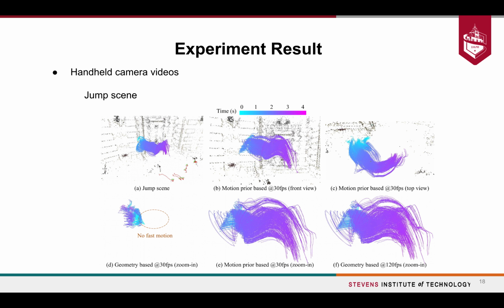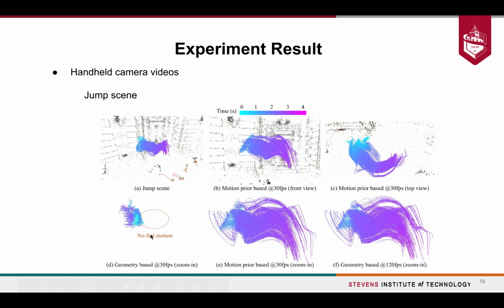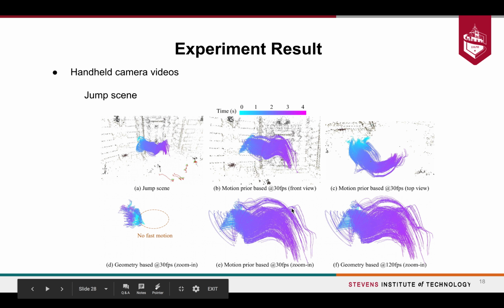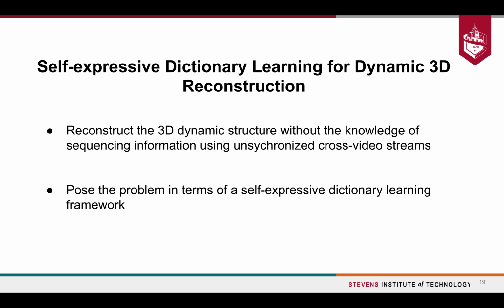In their results, the triangulation method fails to reconstruct the faster motion parts, but they have a good reconstruction. Also, their method at a low frame rate is as good as triangulation at a high frame rate.